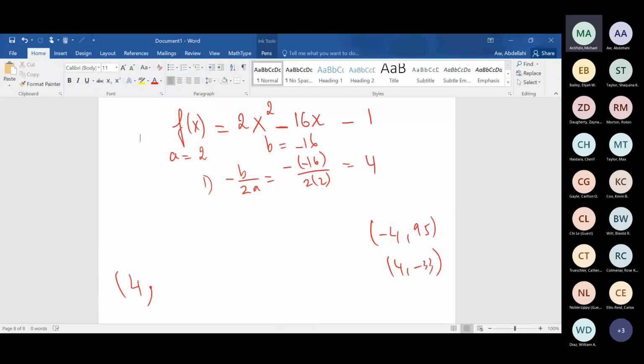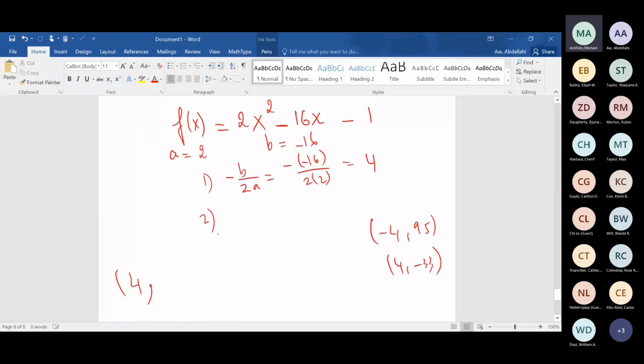And for the k now, we plug 4 back into the equation. F of 4 is 2 times 4 squared minus 16 times 4 minus 1, which is 32 minus 64 minus 1, which is negative 32 minus 1, which is negative 33, right? So that is the vertex.